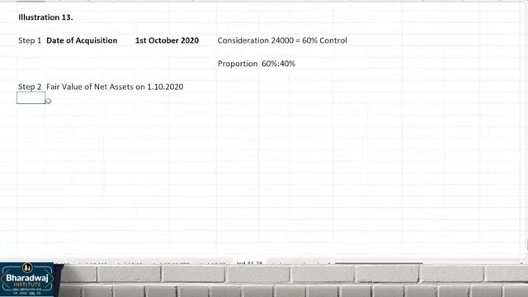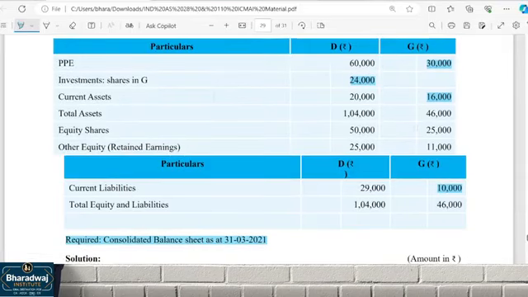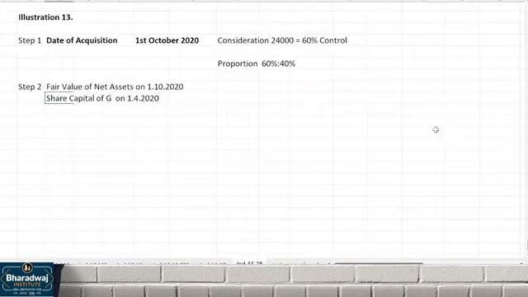We cannot do that. So what was the share capital of the subsidiary company on 1/4/2020? If nothing is given, we can take the opening balance, 25,000.